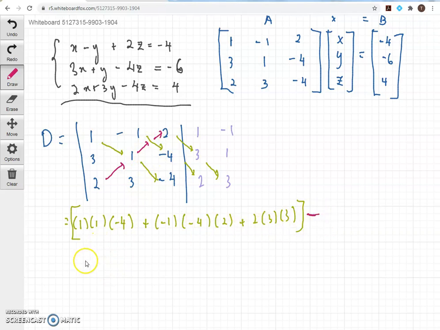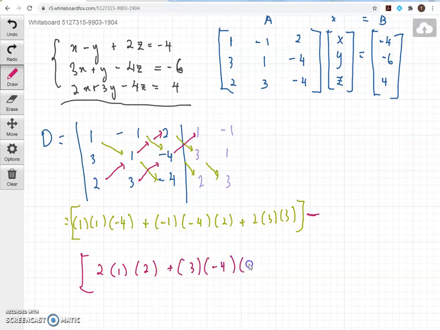In another bracket, 2 times 1 times 2, plus 3 times -4 times 1, and plus -4, 3, and -1.